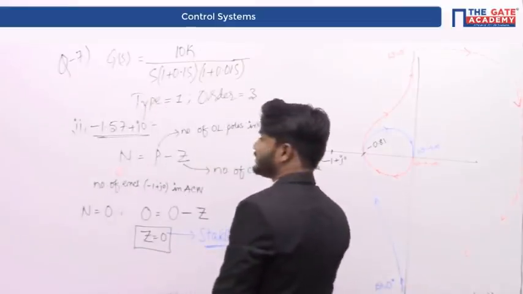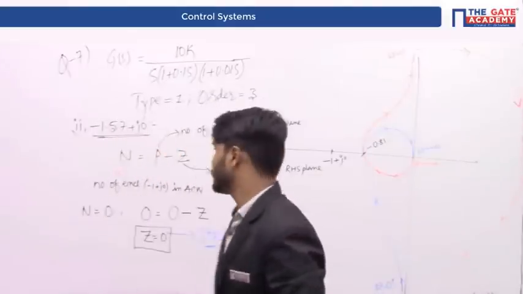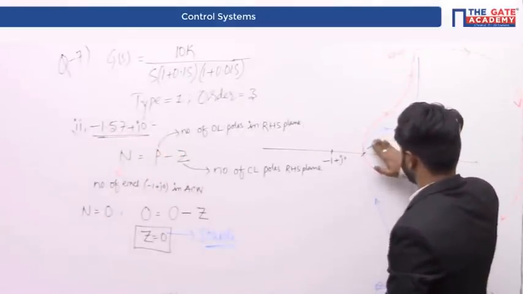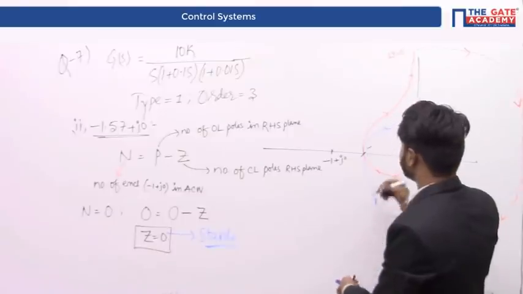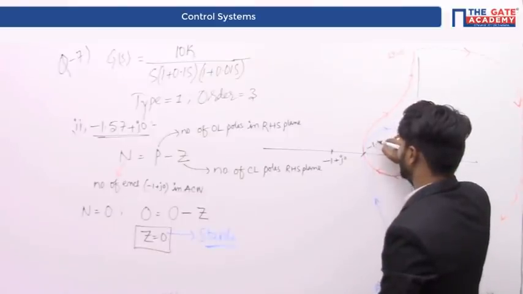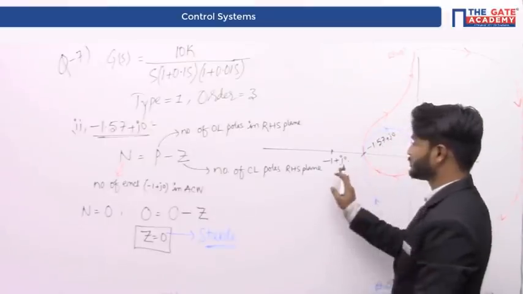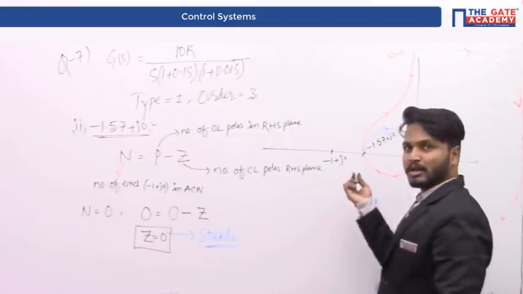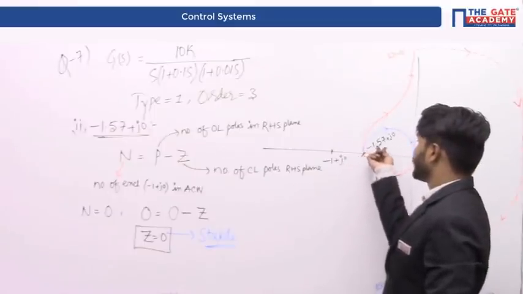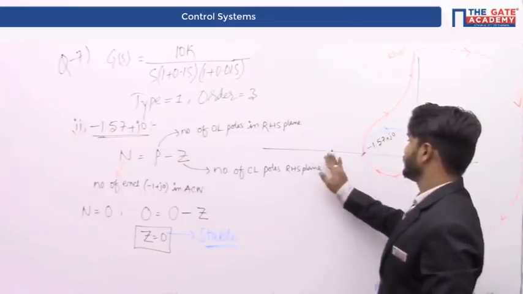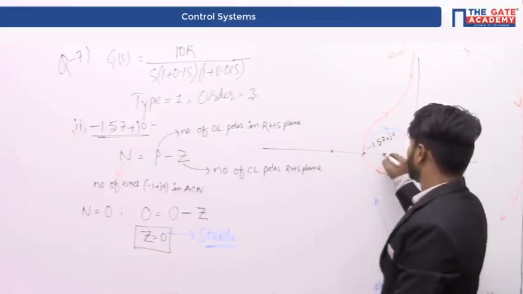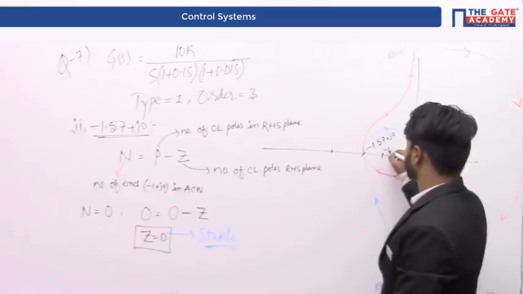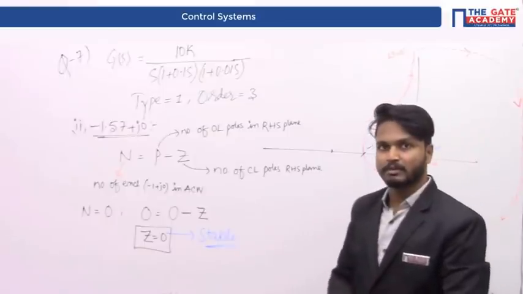So if the plot is intersecting at minus 1.57 plus j0, this point minus 1 plus j0 is more to the right as compared to minus 1.57 plus j0, which means minus 1 plus j0 falls to the right of minus 1.57 plus j0.